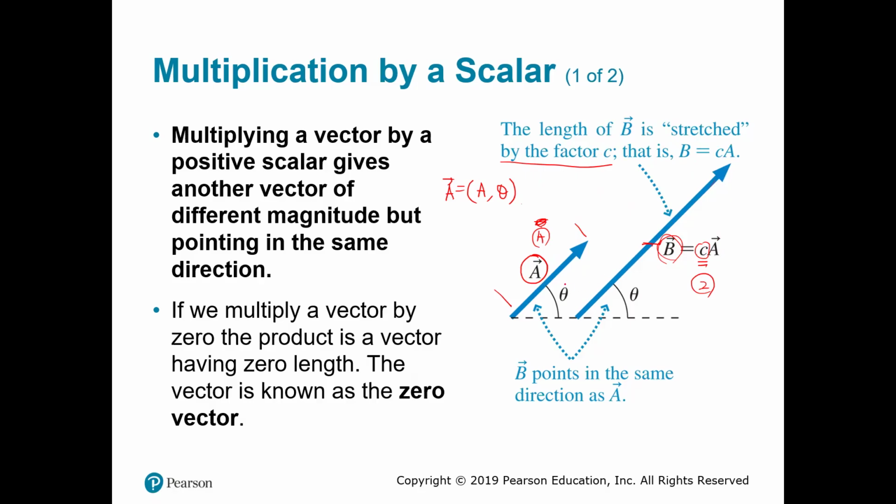But you should not change the angle. So in other words, B vector is, because you increase the length 2 times, 2 times A, and the angle is still theta. So whenever you see a coefficient in front of a vector, you simply stretch the length of the vector only, not the angle part.